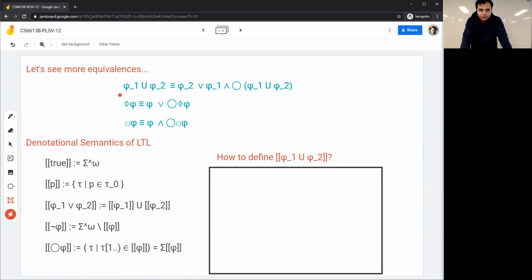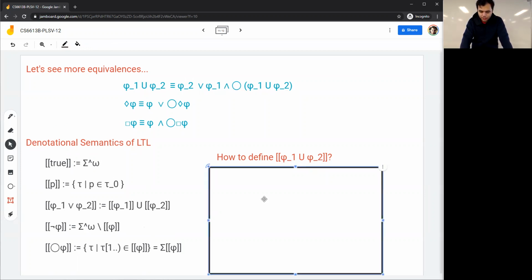So what happens if I just take the semantics of both sides? These two are equivalent, so their semantics should also be equivalent. So the semantics of this, which is what I want to define, should be what? It should be the semantics of phi2 union with the intersection of the semantics of phi1 and next of the same thing, right?